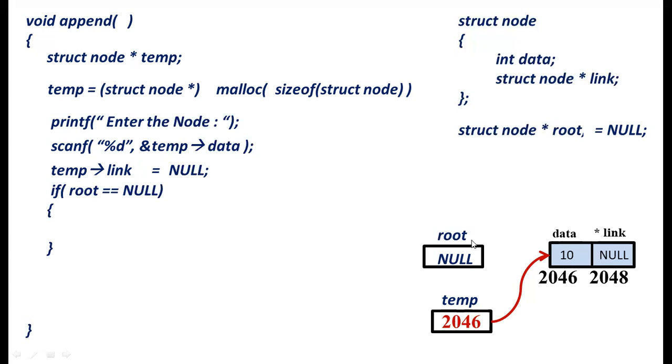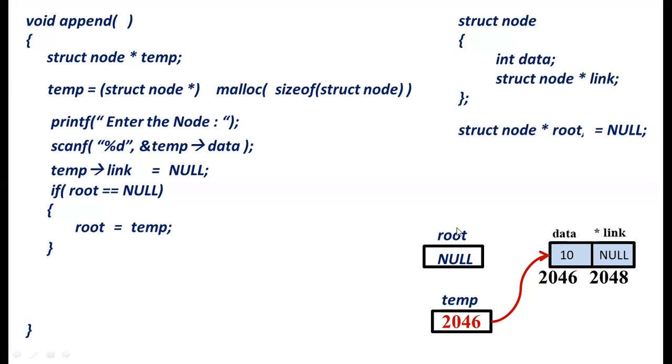So in this situation, we are assigning the temp value to the root. What is the temp value? Can you say what the temp value is? The temp value is 2046. Observe carefully, the temp value is 2046, and we are storing it into the root.